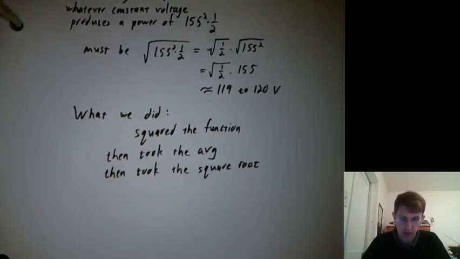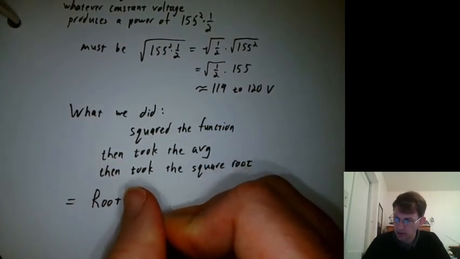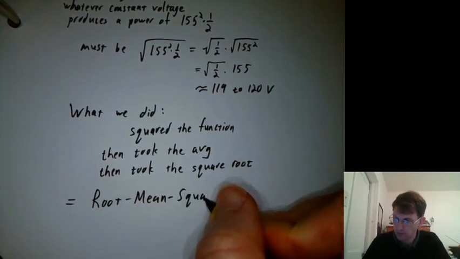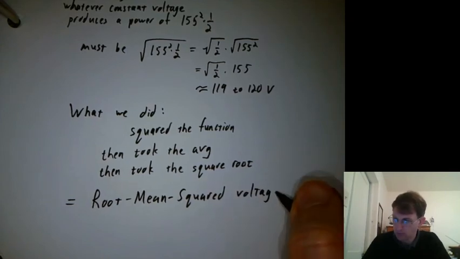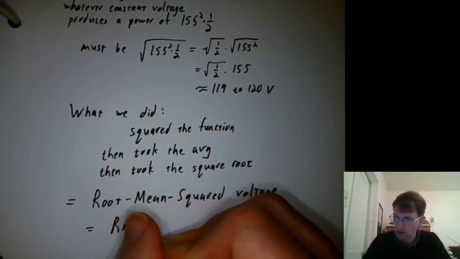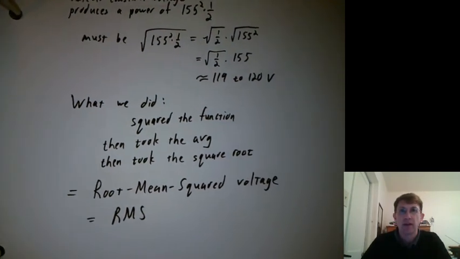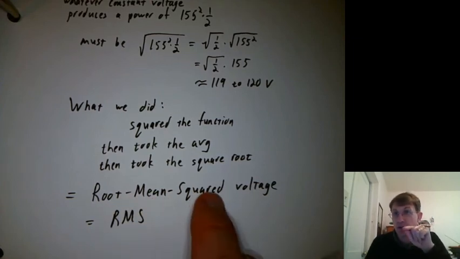And what we computed is called the root mean squared voltage, which is abbreviated RMS for hopefully obvious reasons. So it feels backwards. You don't take the root first, then take the mean, then square stuff.